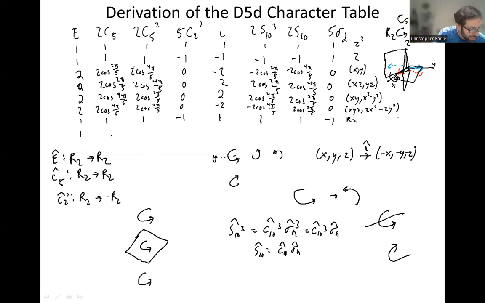And then the last irreducible representation, you're going to have to just look at it through orthogonality. There isn't a simple function that transforms like this. And I'll show you a trick of how I was able to find this one quite easily, very quickly.